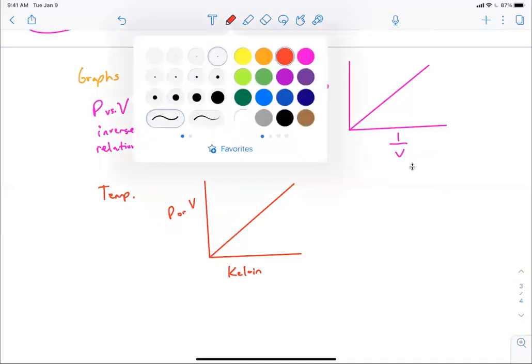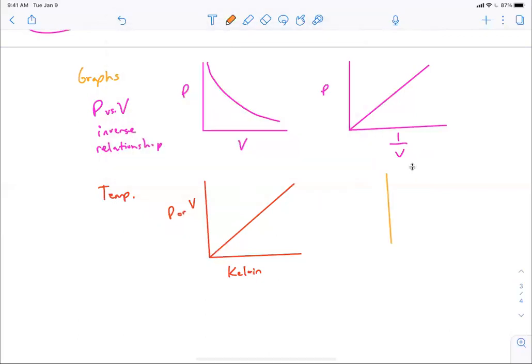What you have to remember is that if it's in Celsius, it's the same graph, it's just shifted such that it intersects at negative 273.15 degrees Celsius. So there's a shift in the pattern here because the x-axis has been manipulated, and that affects the graphs as well.